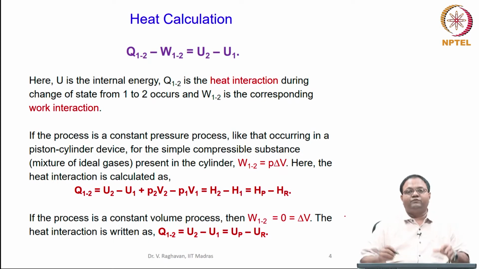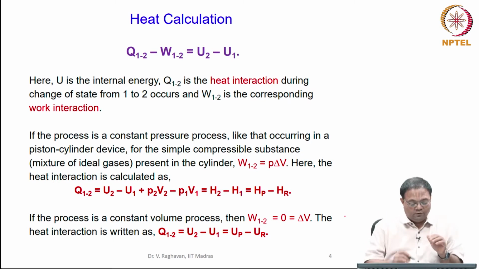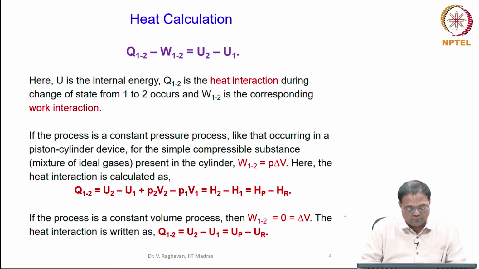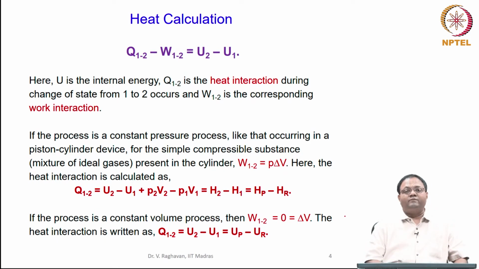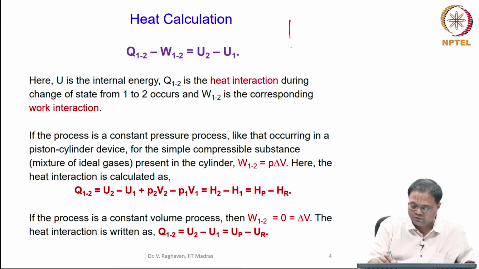Now let us consider two cases. One is where the pressure of the system is held constant, a constant pressure process. Consider, for example, a piston cylinder arrangement.